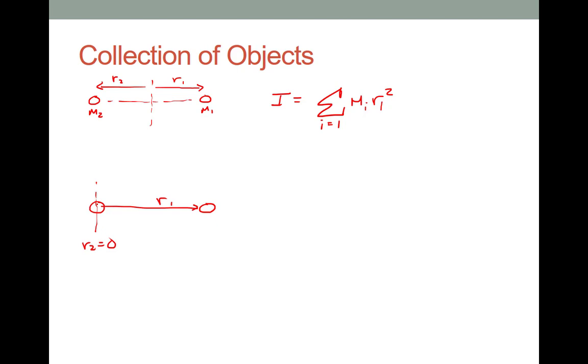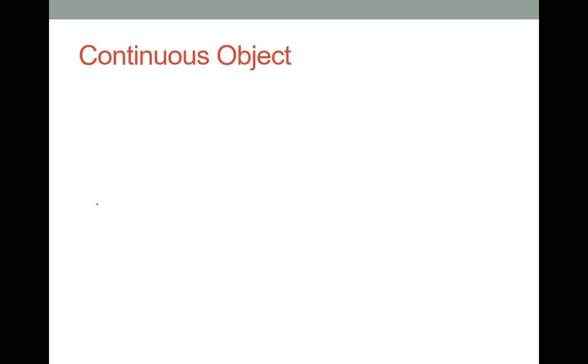As we've seen numerous times, if we're going from a summation or a collection of objects to a continuous object, we move from a summation to an integral. So in this case, I will equal the integral of r squared dm, where dm is a little piece of mass.